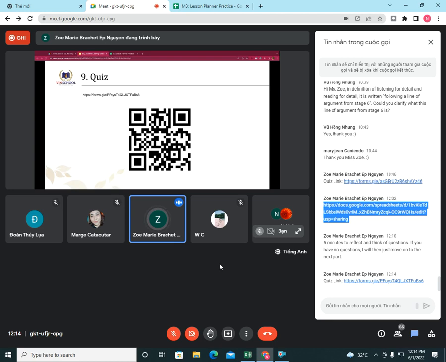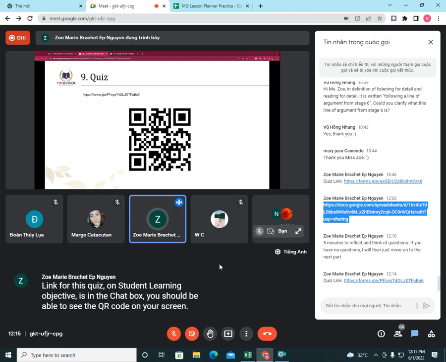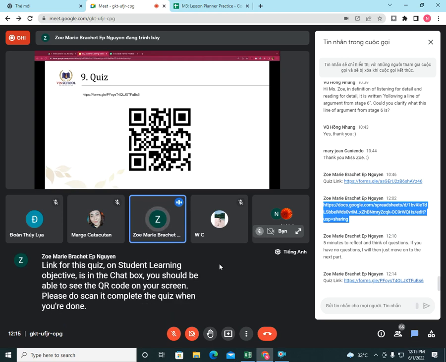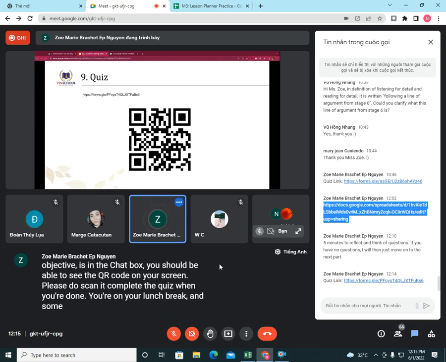The link for this quiz on student learning objective is in the chat box. You should be able to see the QR code on your screen. Please do scan it and complete the quiz. When you're done, you're on your lunch break until 1:30. I want to see everyone back at 1:30.